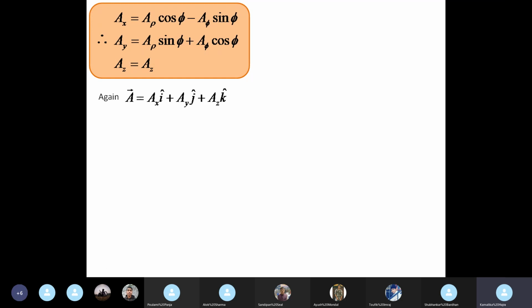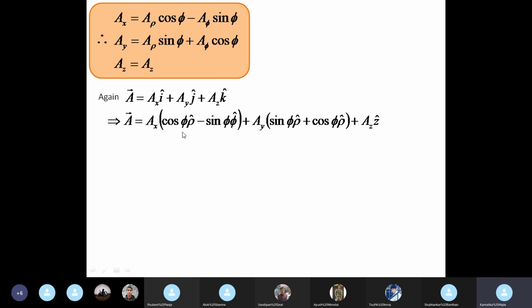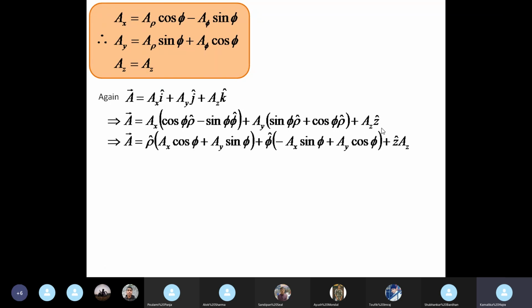Again, in the Cartesian system, we know A is ax I cap plus ay j cap plus az k cap. So using I cap, j cap and k cap in terms of rho cap, phi cap and z cap, I write this. So instead of I cap, I write it in terms of the cylindrical parameters, j cap in terms of the cylindrical parameters, and k cap is of course z cap.